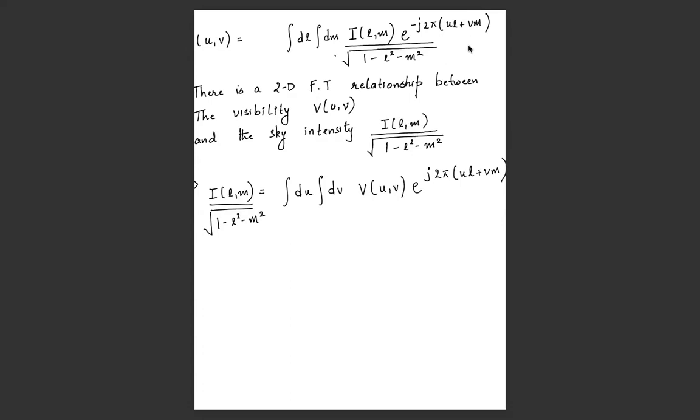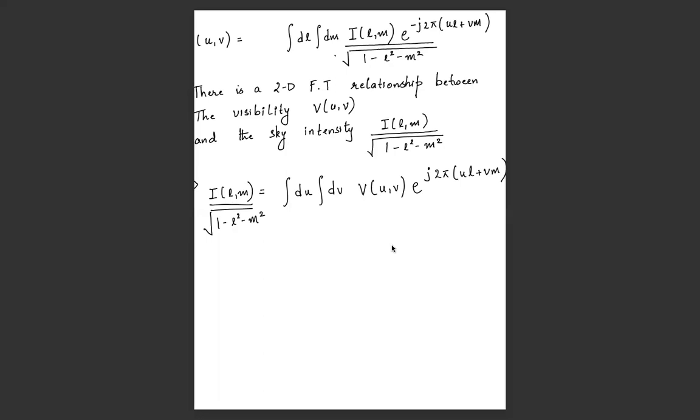So that is a two-dimensional Fourier transform relationship between the visibility and the sky intensity. You can write the inverse Fourier transform where the sky intensity, modified of course by this geometric term, is given by the inverse Fourier transform of the visibility.